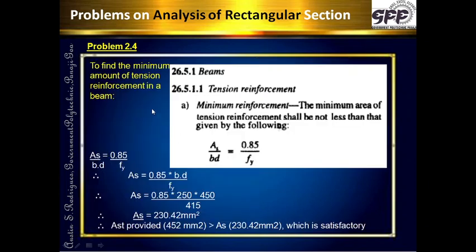To find the minimum amount of tension reinforcement, as has been said over here, As upon bd equals 0.85 upon Fy.